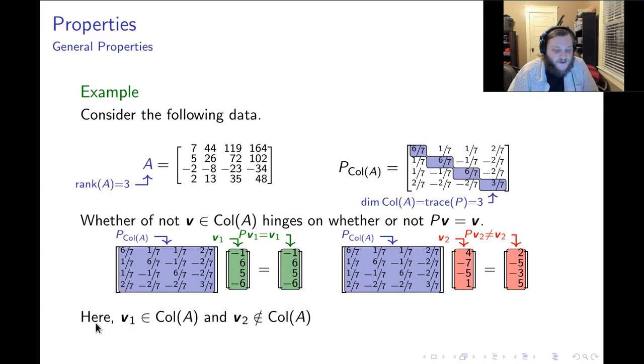Because P times v1 is v1, v1 is in the space I care about here, which is the column space of A. And since P times v2 is not equal to v2, that tells me that v2 is not in the column space of A. So here I'm using the projection matrix to test whether or not vectors are in the space I care about, which here is the column space of A.